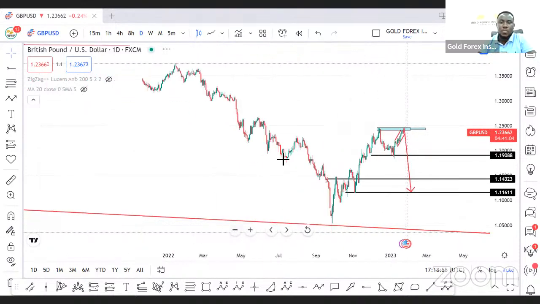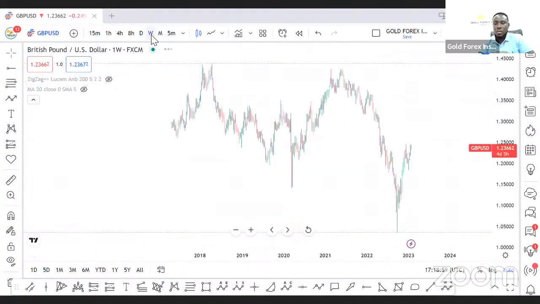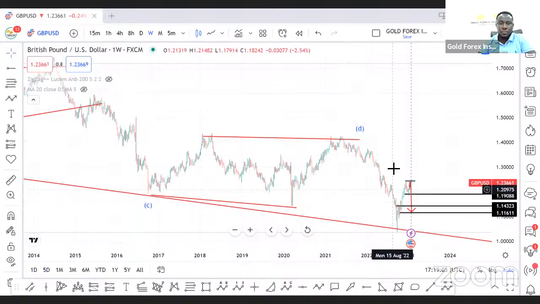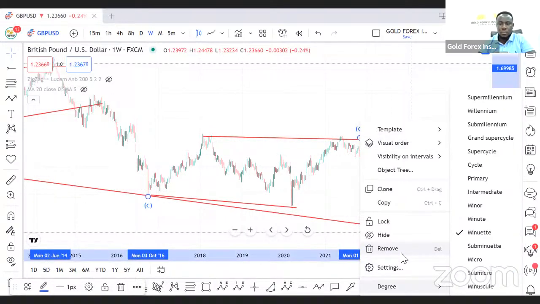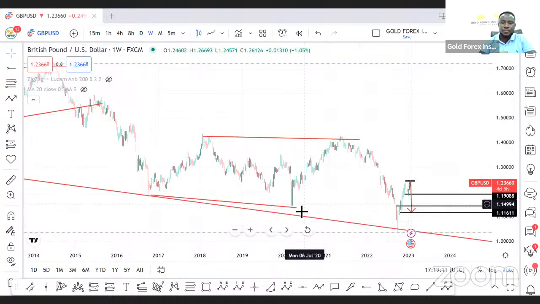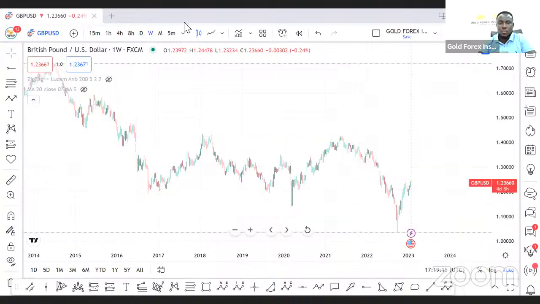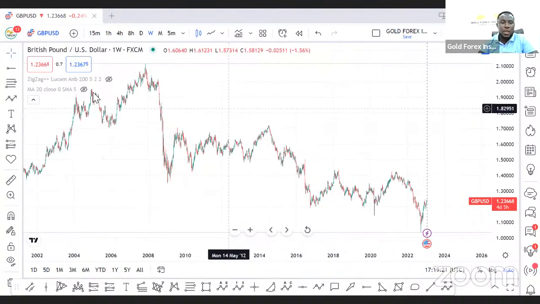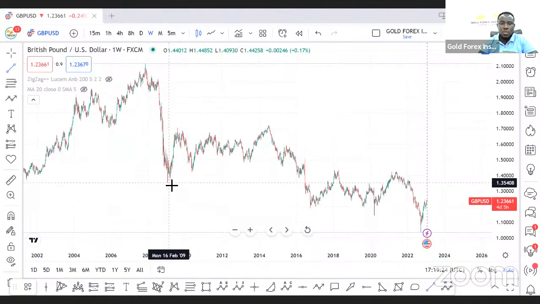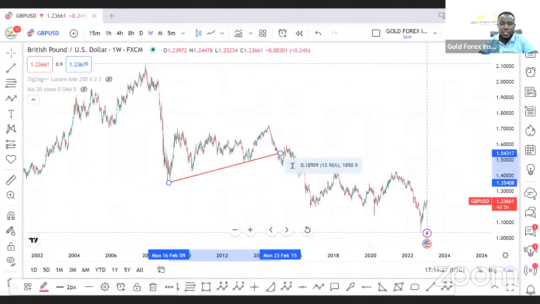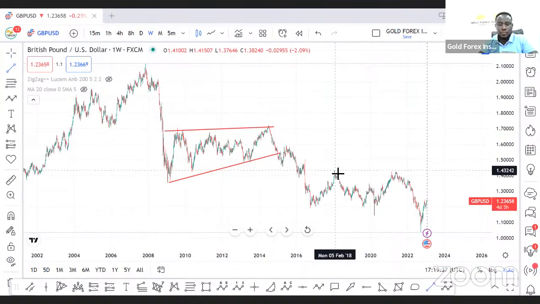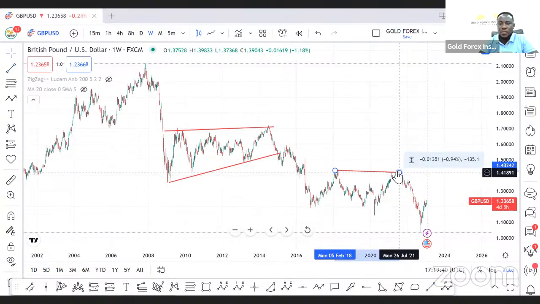What's happening is this. These are Elliott wave corrections.